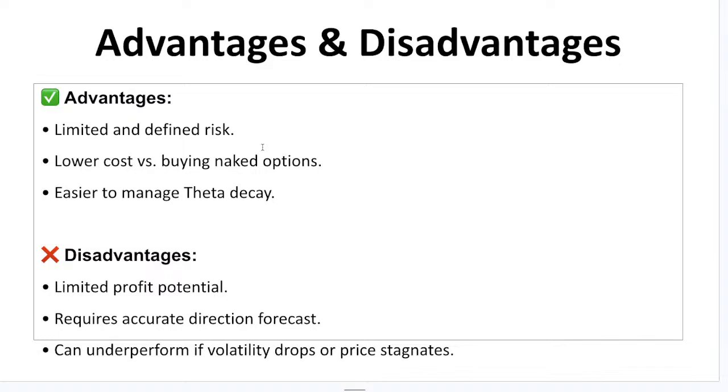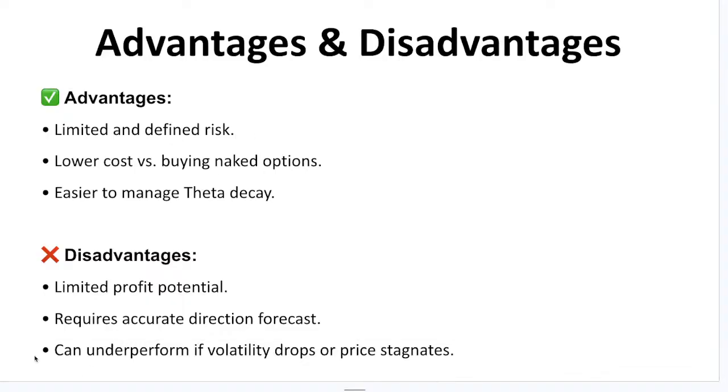The disadvantage is limited profit potential and it requires an accurate direction forecast. If you choose a wider spread, you have to be more right than wrong about how far it will move within the period until expiration. If you're wrong, it will cost you the whole contract amount. It also underperforms if volatility drops or price is stagnant. If volatility drops, you will lose more of your premium.